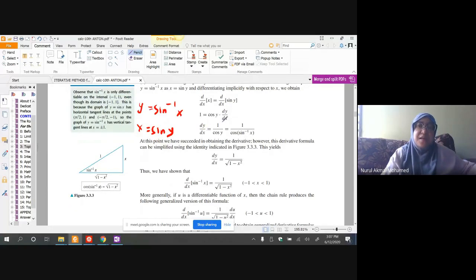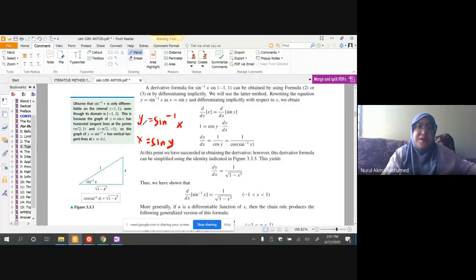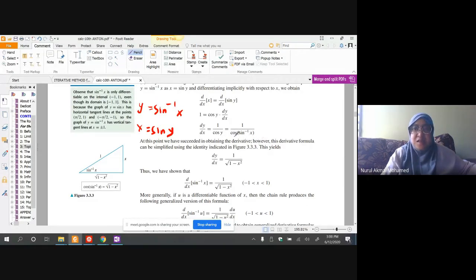Then you make dy dx the subject. You get dy dx is equal to 1 over cos y. But then you know that y is equal to arc sine of x, so write down arc sine of x in place of y. So that is your dy dx. So cos of arc sine of x.